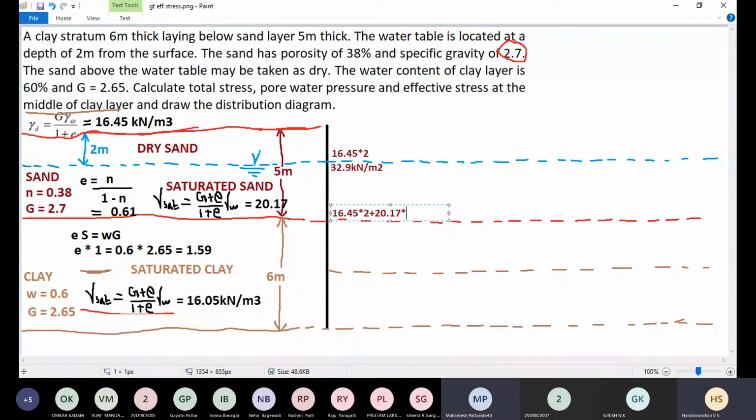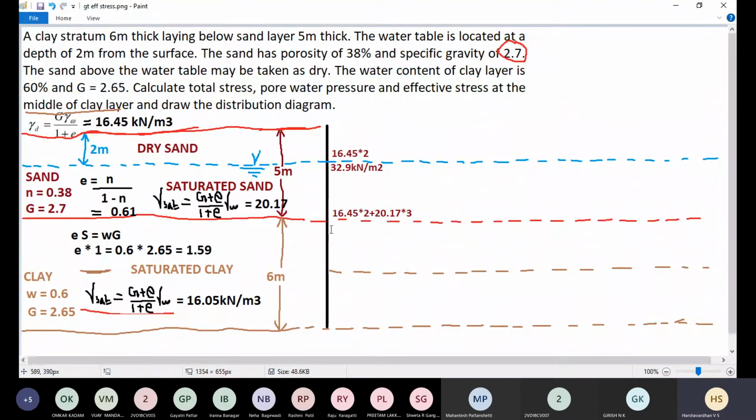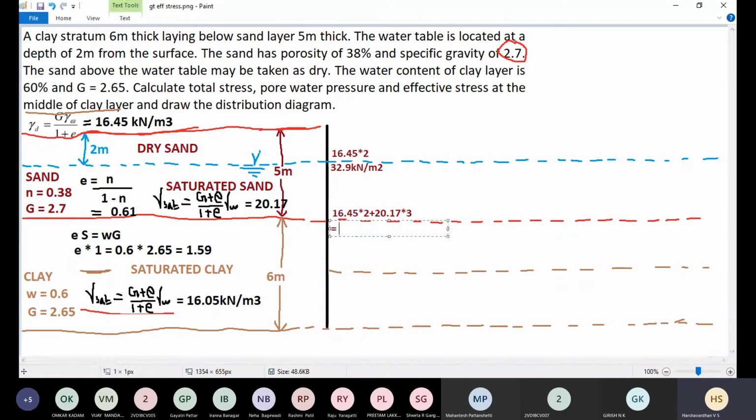Total depth of sand layer is 5 meter, and water table is present at a depth of 2 meter. So remaining 3 meters will be saturated. So what is the total stress? 93.41, and unit is kilonewton per meter square.